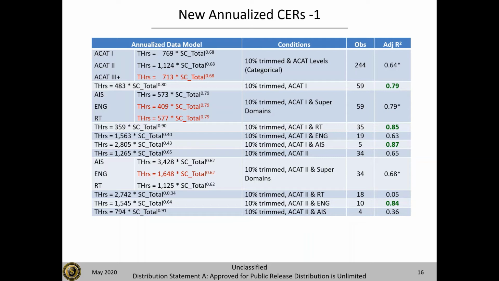And as we look at this data, you can see that several of these equations are getting in the better than 80% range, which says that they're pretty good R² and certainly usable for doing cost estimates and, I guess, trustworthy and worth using.